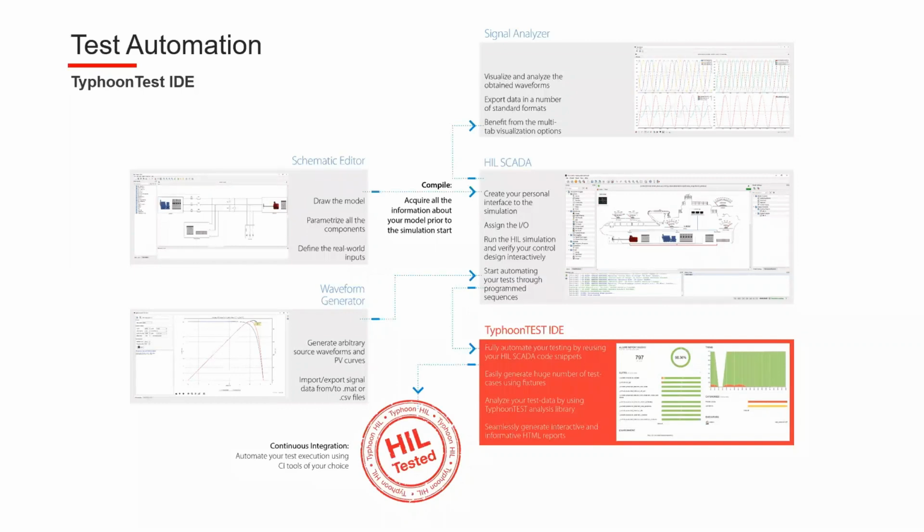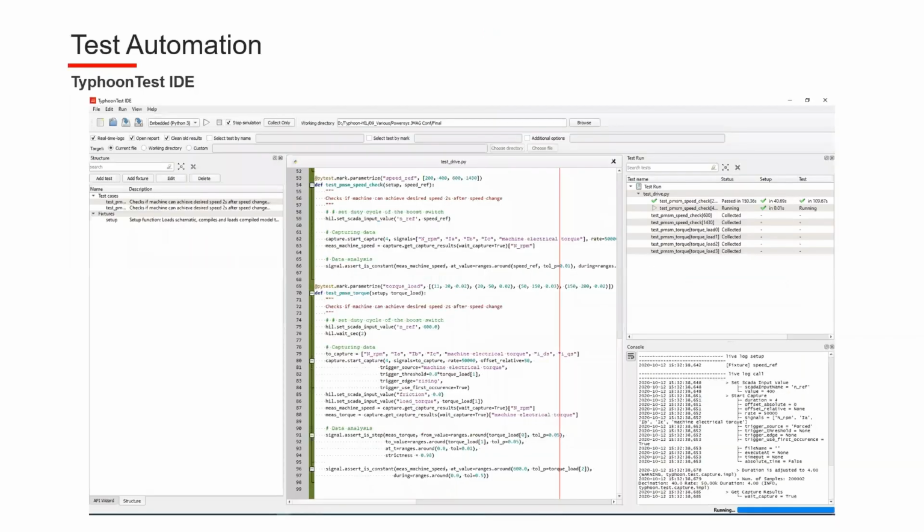Typhoon Test is basically based on two large parts. The first one is PyTest, which is used to execute tests. PyTest is extensively used in software development, and it is the most flexible and complete Python testing framework.